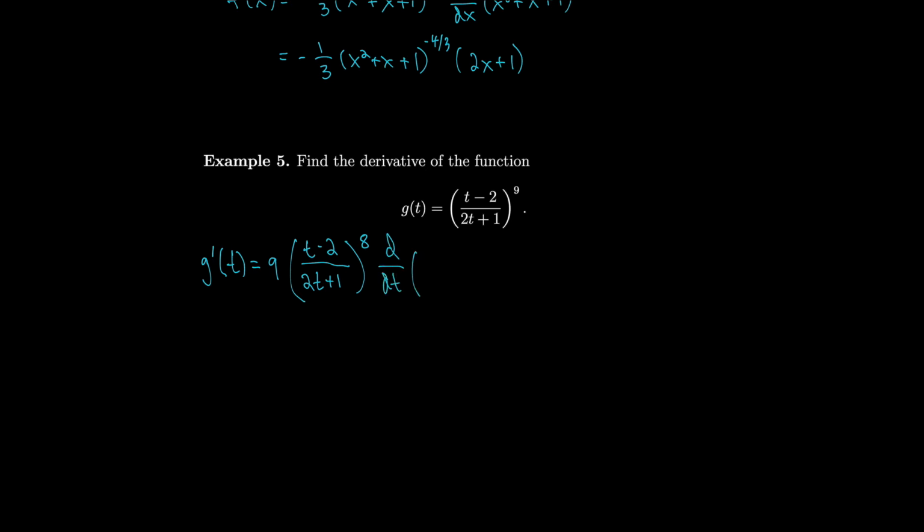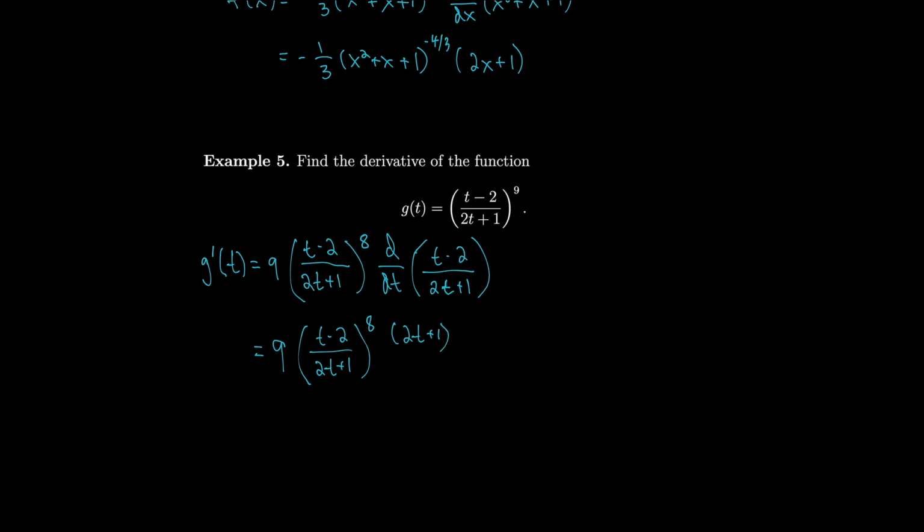So that's t minus 2 over 2t plus 1. And we have to take the derivative of that. So that's 9 times t minus 2 over 2t plus 1 to the 8th. By the quotient rule, we take 2t plus 1 times derivative of t minus 2.